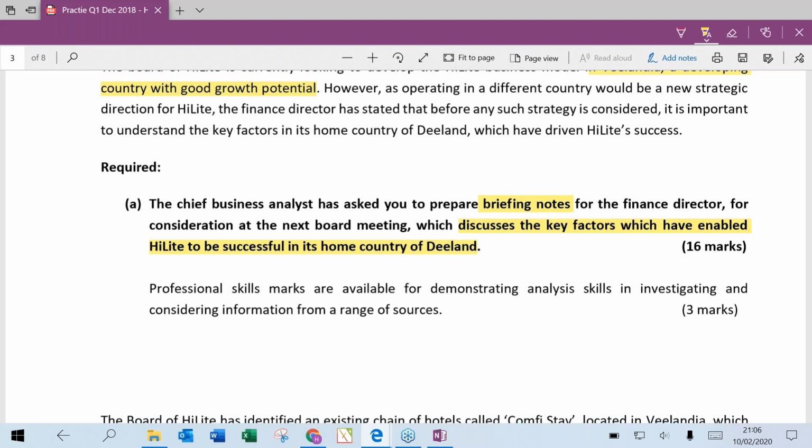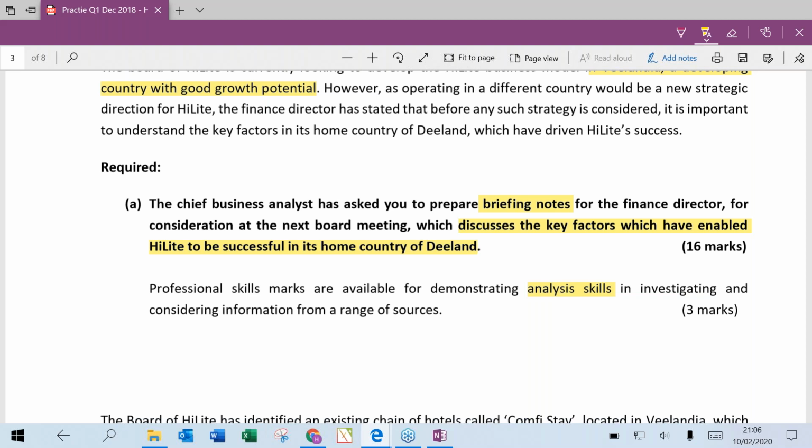And then the third thing you need to look at is professional skills. Professional skills is analysis in this particular question. Analysis skills is simply investigation. You just pick up information from various exhibits, put them together, give them a little bit of background, and you are done. You don't have to do anything extra to score analysis skills.